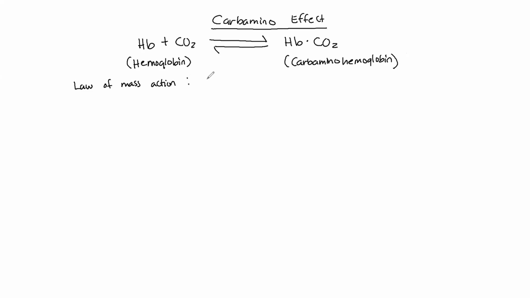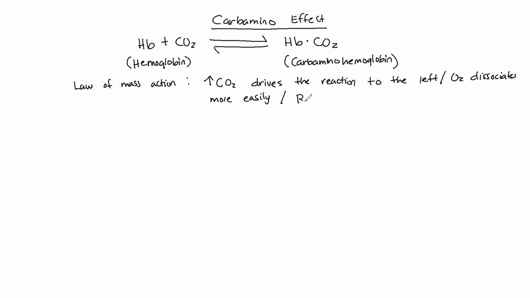we're thinking about states where there is increased CO2, which is also happening as a byproduct of increased metabolic activity. That is going to drive our reaction to the left. All right, and that means oxygen dissociates more easily.